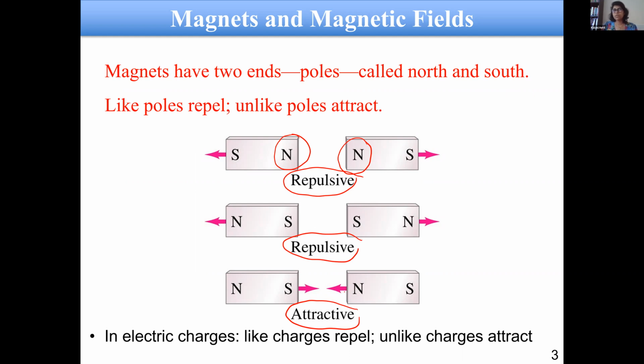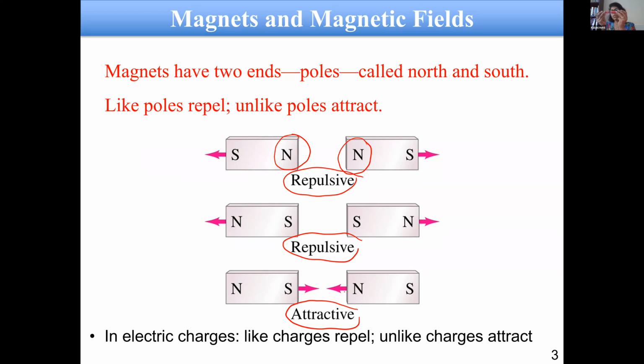You guys know that if I take two magnets, you can see here I have a red side, we'll say it is north. When I try to bring these two together, although I push harder and harder, I cannot bring them together. This is the closest point that I can move.